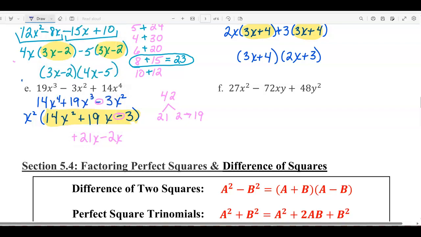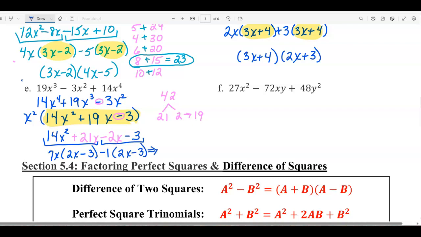So now I'm going to bring down the rest of the terms, minus 3, 14x squared. I'm going to start my grouping, and I can factor out a 7x, which will give me 2x minus 3, and a minus 1, 2x minus 3.